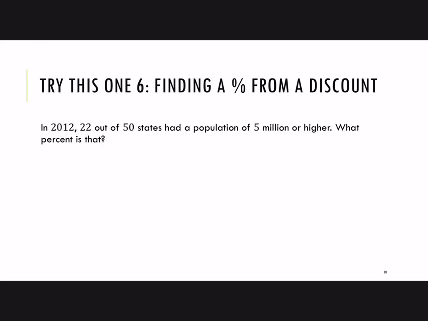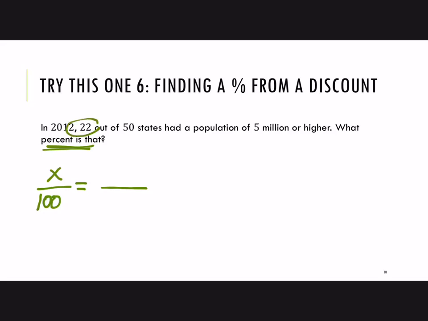Alright, so if I do a proportion, I need a percent over 100. Well, I'm solving for the percent. I don't know what that is, so I'll use an x. And then on the right, I need a portion and a whole. Okay, so I'm being asked what percent of the states had this population of 5 million or higher.